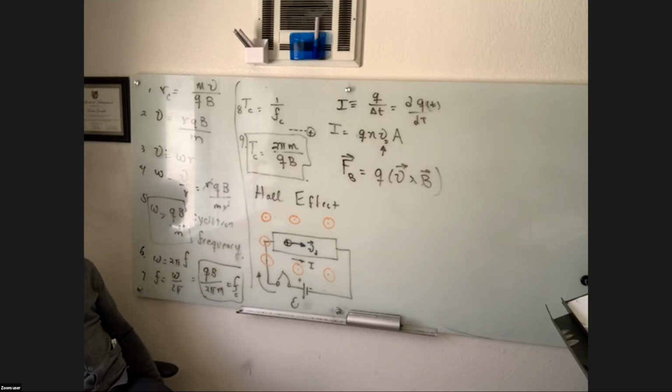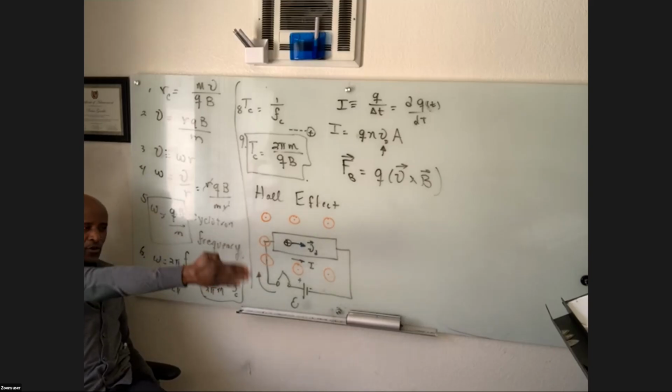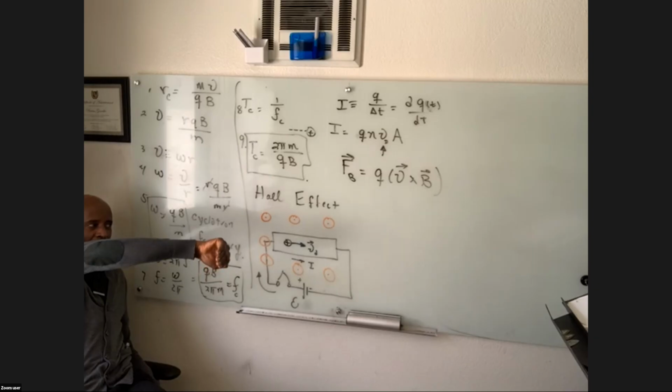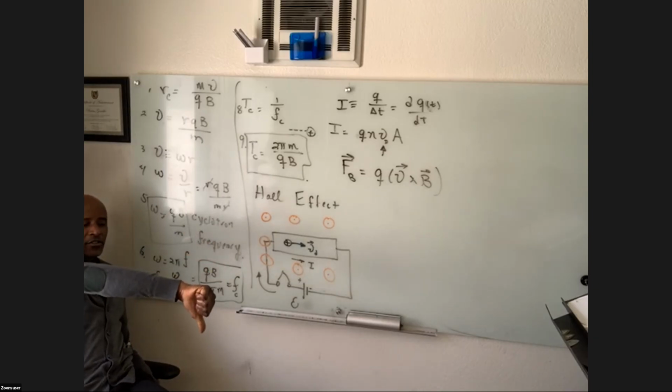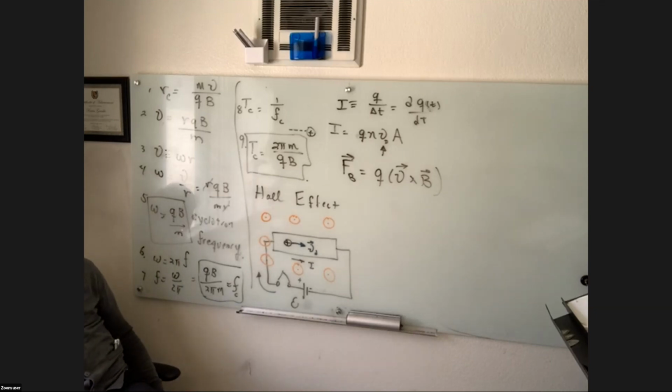You say down. Very good. Awesome. I orient my hand so I'm running parallel to v, orient my hand and wrap my fingers so that it's parallel to B out of the board. Point down, positive charge, stay down. Awesome. Very good.